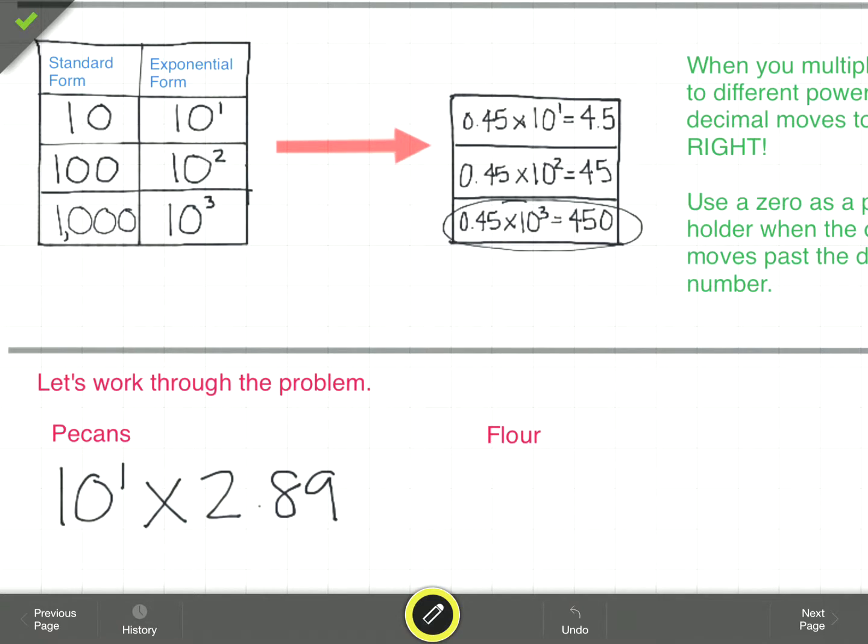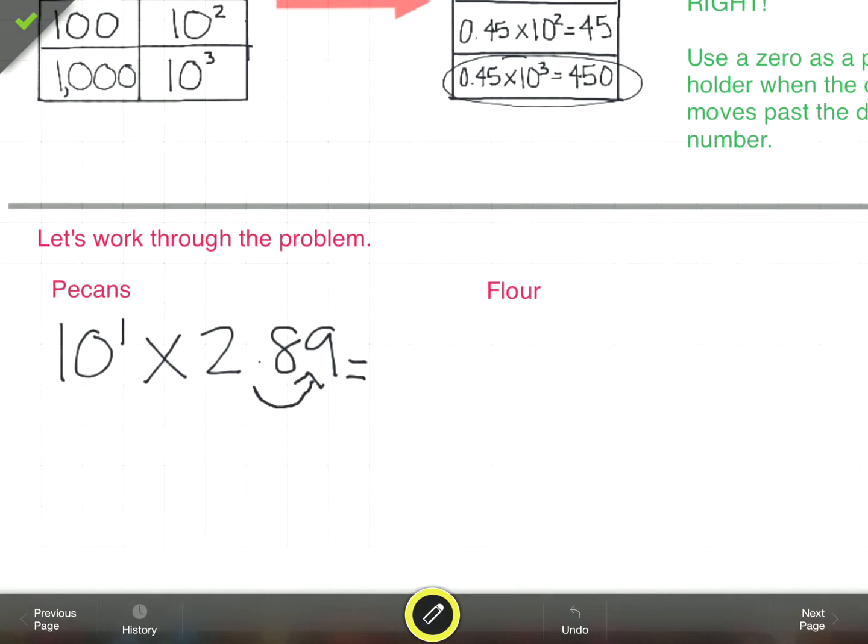Does anyone remember the direction that the decimal goes in? Good. It needs to move to the right. And since it's only 10 to the first power, we move it one spot to the right.